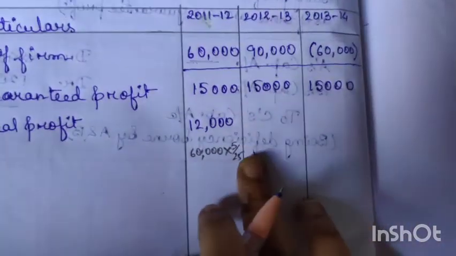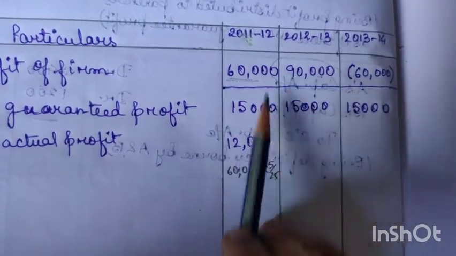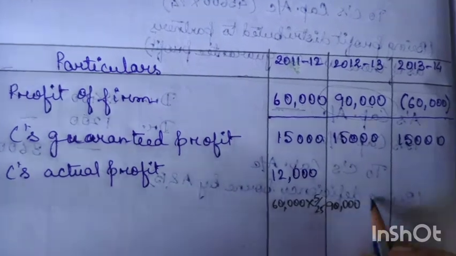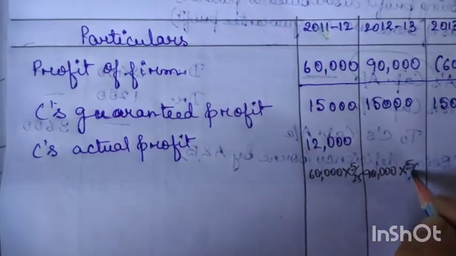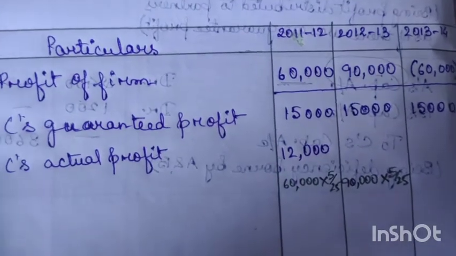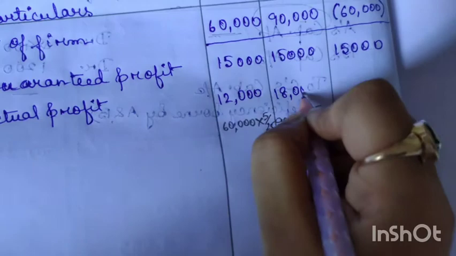Now come to 12 to 13. So in the year 12 to 13, the profit of the firm was 90,000. So here we will take 90,000 into, again what is the share? 5 by 25. So now if we do the calculation, we will get 18,000.